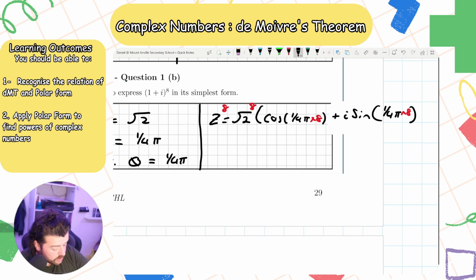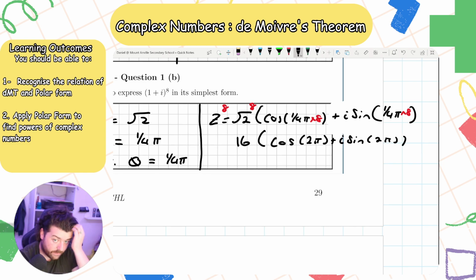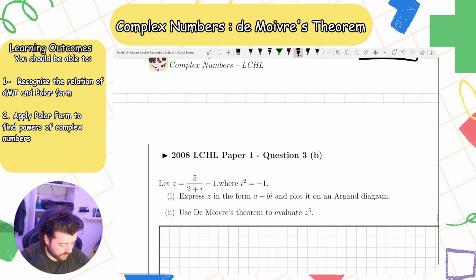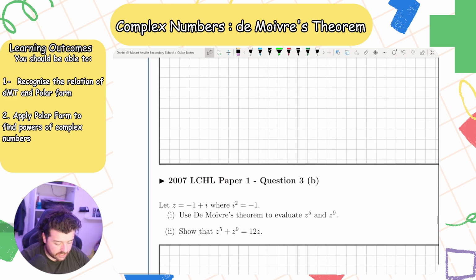So I have root 2 to the power of 8, which is going to be equal to 16, times cosine of 2 pi plus i sine of 2 pi. So this is going to be 16 times 1 plus 0i. So my final answer is just 16. How fun is that? Oh, love that. Right. 2 more questions. Let's go.